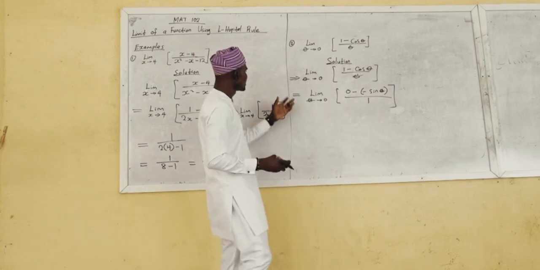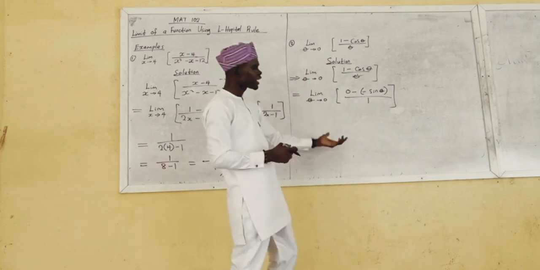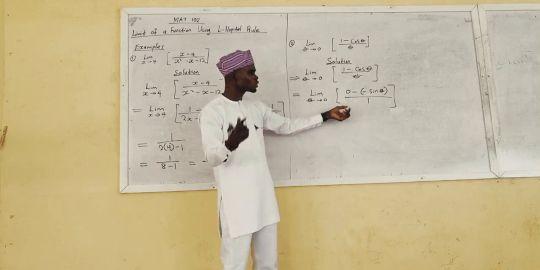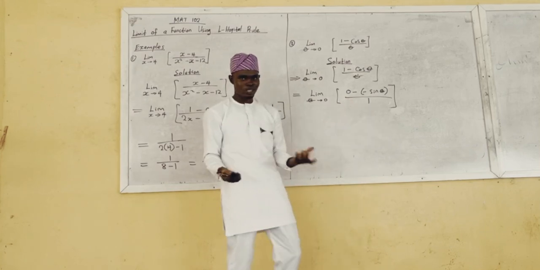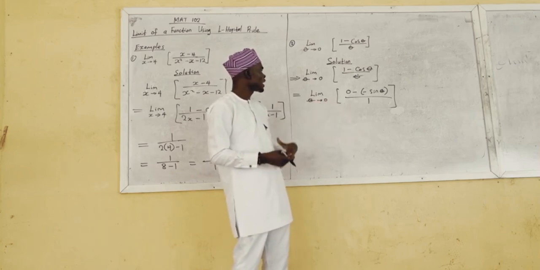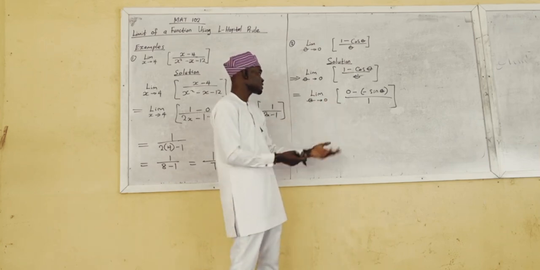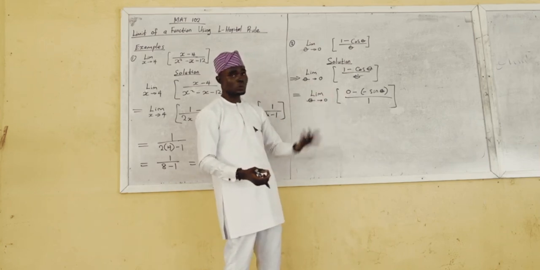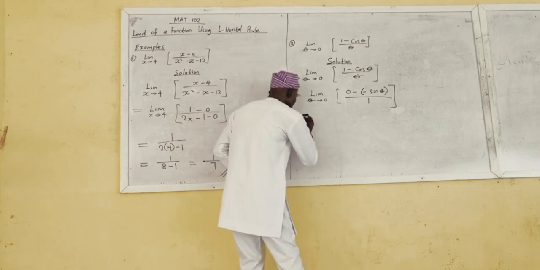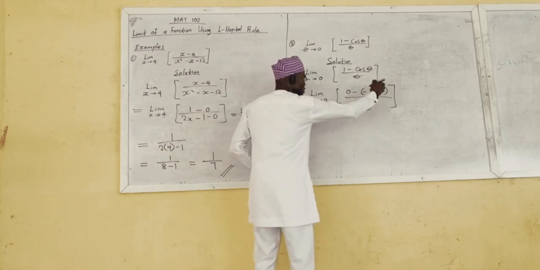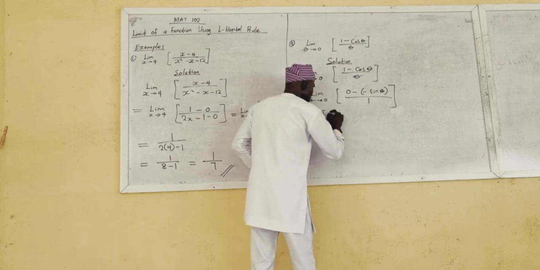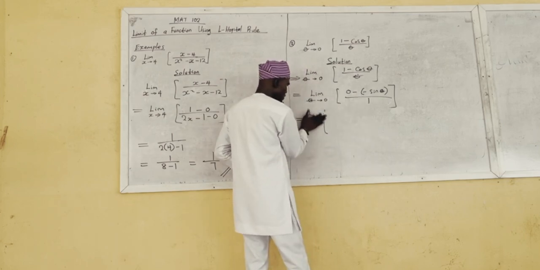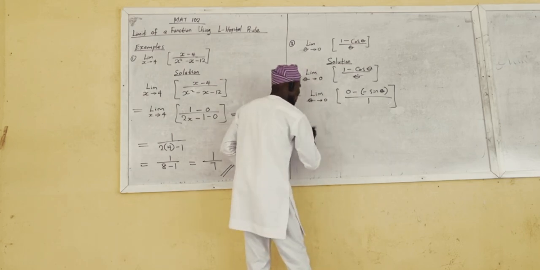Moving further, if you now input the value of theta into this expression, are we still going to get 0 as denominator? No. The denominator remains what? It remains 1. So from this state now, we can directly substitute the value of theta into the expression. Let us do that and see what we get. Let me try and write this to be more clear.